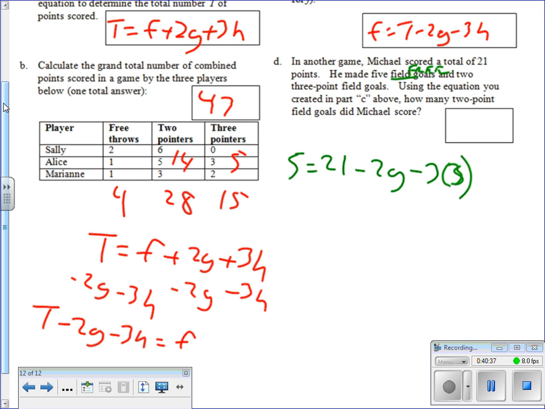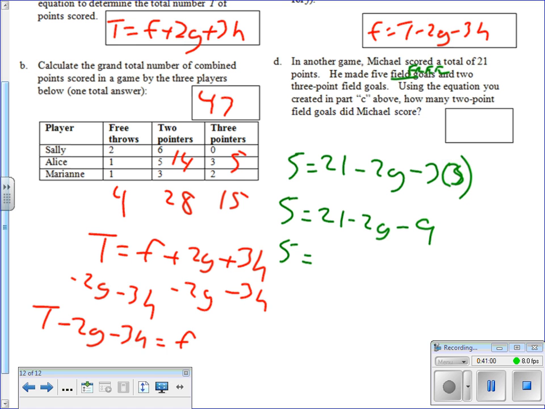So 5 equals 21 minus 2g minus 9. 5 equals 21 minus 9 is how much?